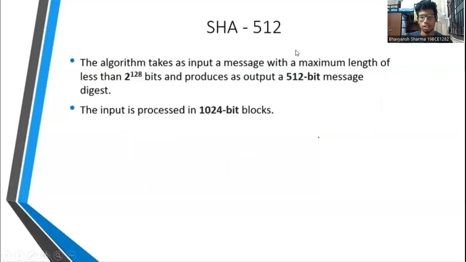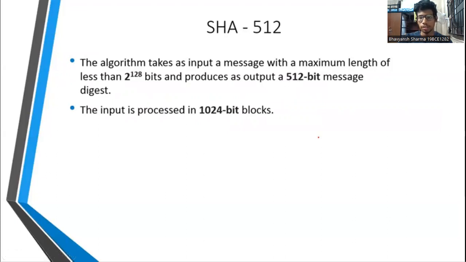So now, where does SHA-512 come into the picture? The algorithm takes as input a message with maximum length of less than 2 to the power 128 bits and produces as output a 512-bit message digest. With a 512-bit message digest, you can imagine how the encryption is going on. 512 bits is a huge number to compute.